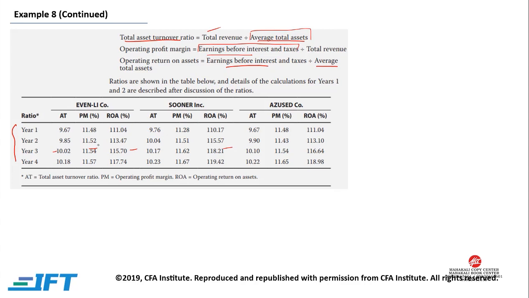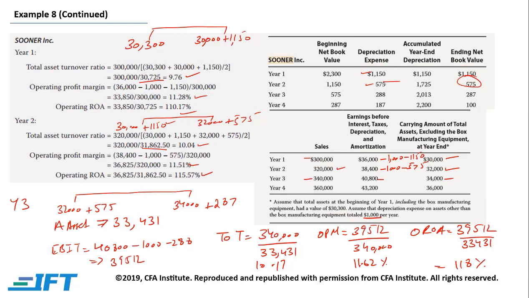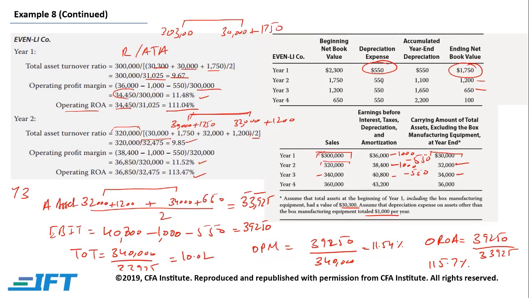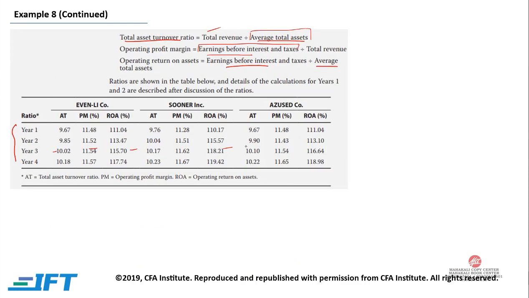And in year two, as far as return on asset is concerned, it goes up because at the end of the second year, the depreciation in sooner would be lower. So depreciation in sooner is 575. It's still higher than 550, but as compared to 1150 initially, now it's lower.